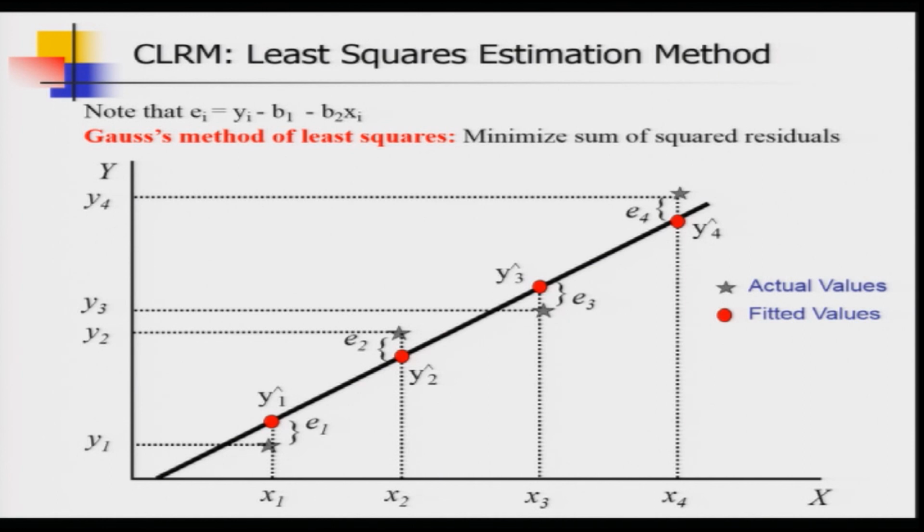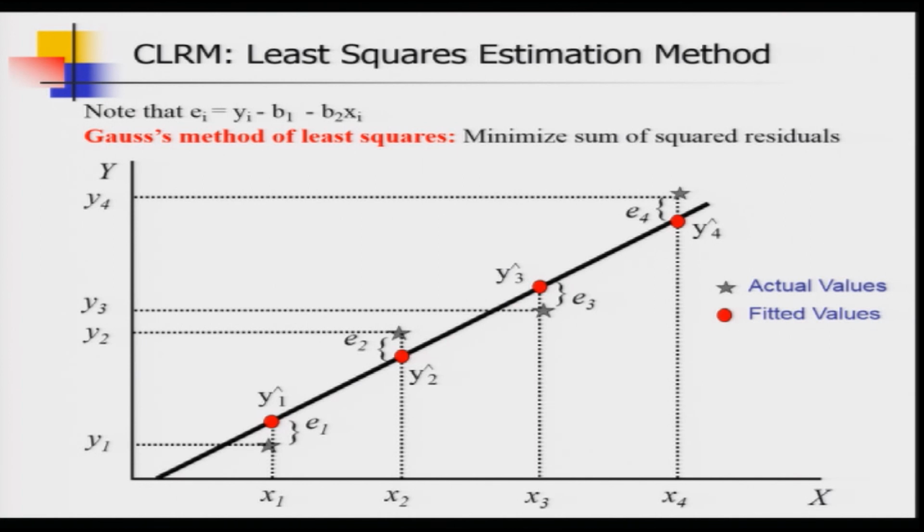Because this y_i is my observed value of the dependent variable for the ith individual in the sample, given by the star. And if I know the values of b1 and b2, then from the second part of this expression I can get the fitted values, denoted as y1 hat, y2 hat, y3 hat and y4 hat.